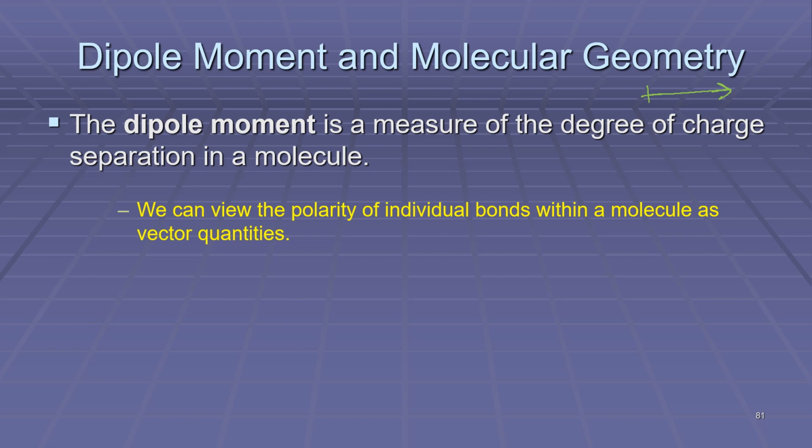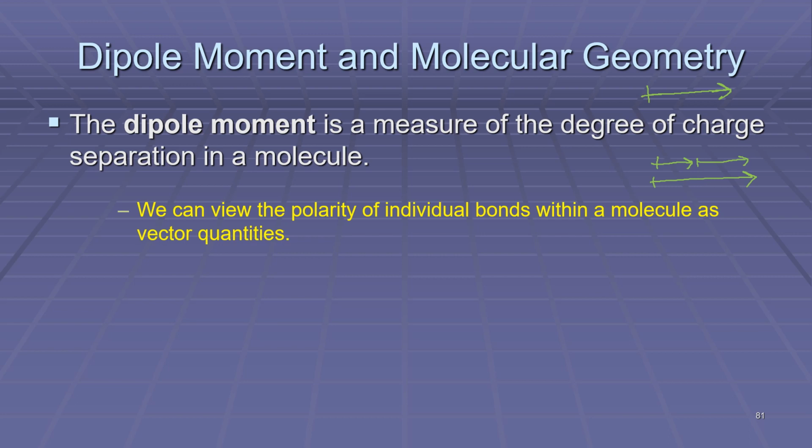Now, what is a vector? Some of you may know a vector. A vector has both amount, so the distance, like here's a small vector and here's a large vector. They have amount, but they also have direction. And so if you've ever taken some math with vectors, you know that if they're going in the same direction, you can add them together. So these two add up to the third one.